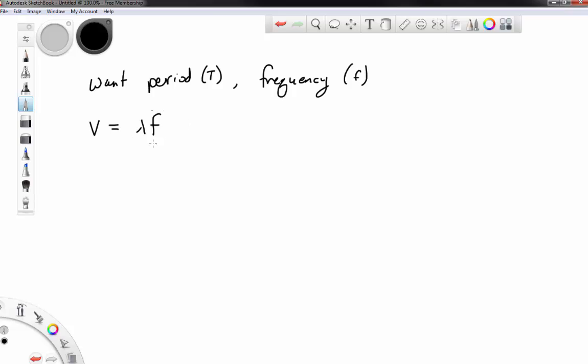And so if we're solving for the frequency, that means that frequency should be equal to speed divided by wavelength. So we were given a speed of 6 meters per second, and a wavelength of 4 meters.